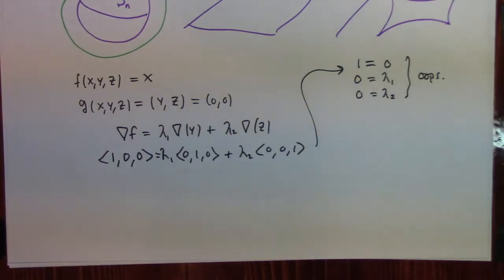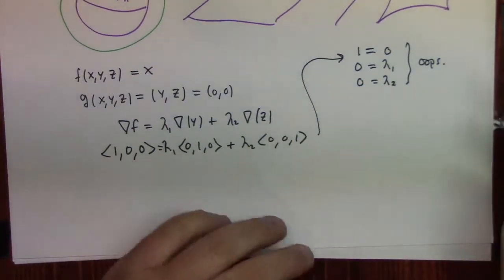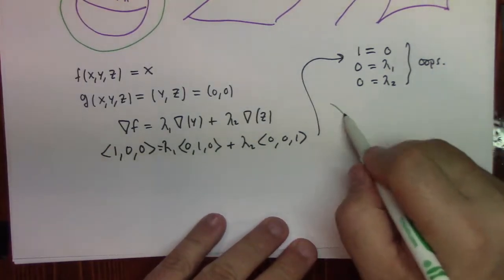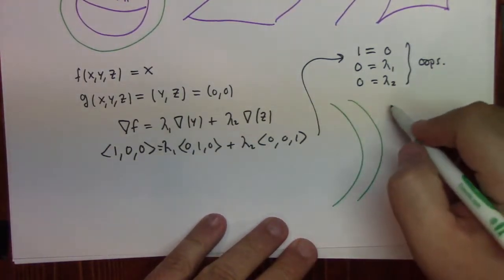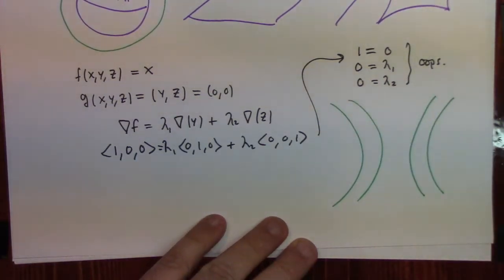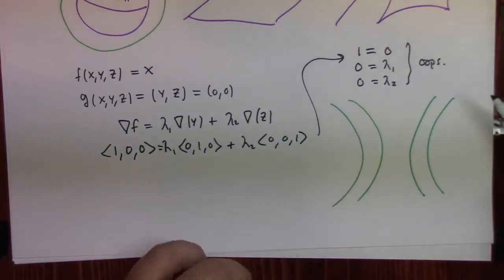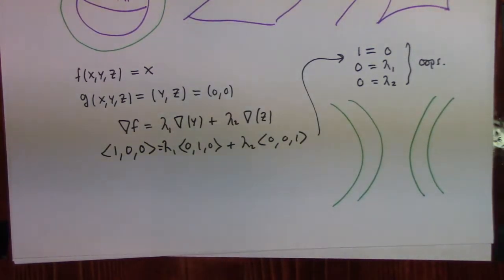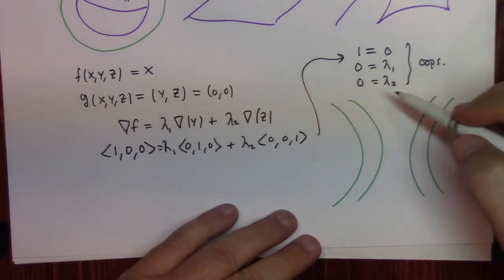Let's see here. You could have something like your constraint curves look like this. Here's some level curves to the constraint. And then maybe the level curves to x, right?